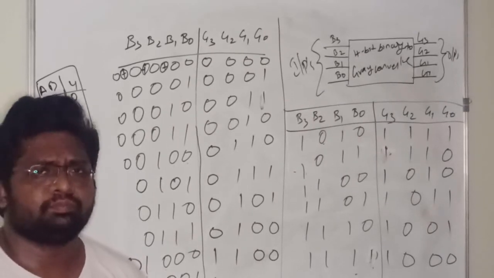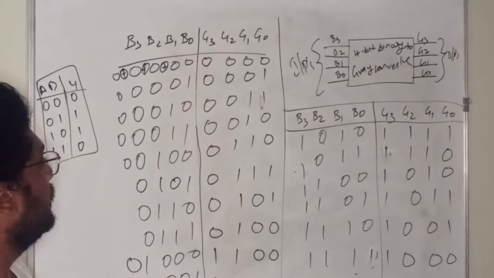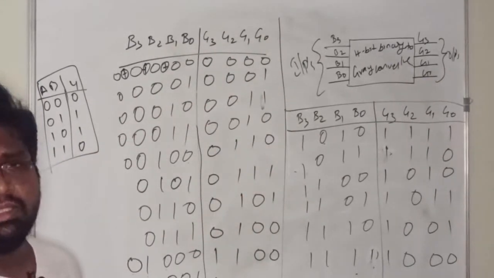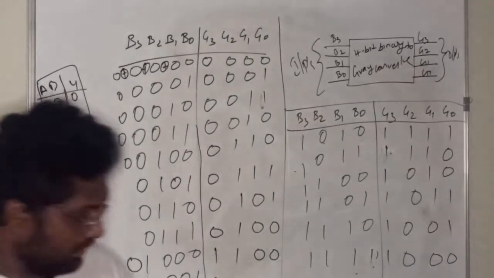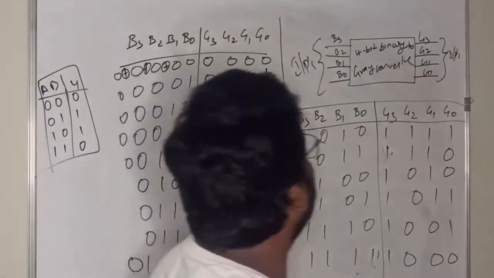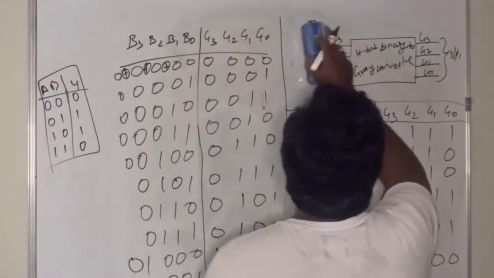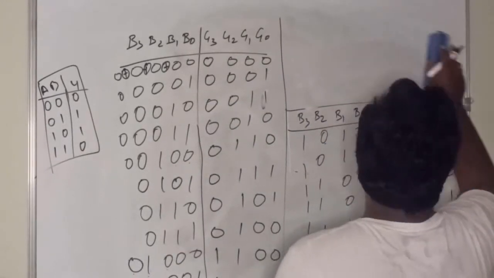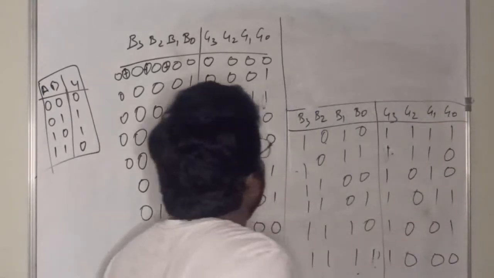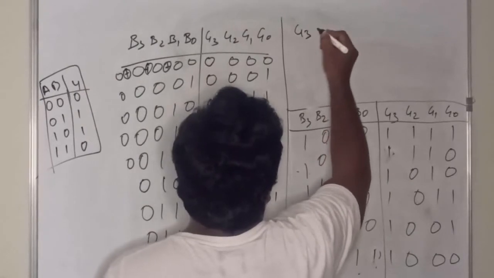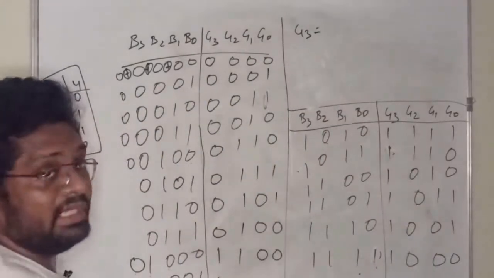So now write down all the G3, G2, G1 and G0 minterms, right? So now if you observe here, for G3, what are the minterms present here?